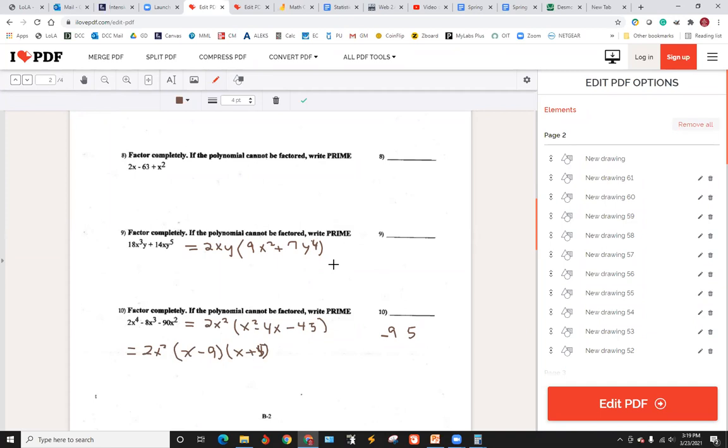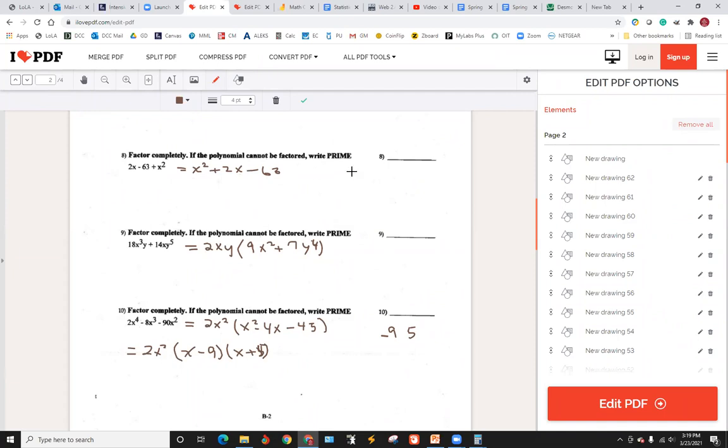Now, remember, for the next one, I'm going to give you a reminder. These should always be written in descending order. In other words, if you write this one like this, then you can go and look for the factors of 63 because it's negative that have a difference of 2.